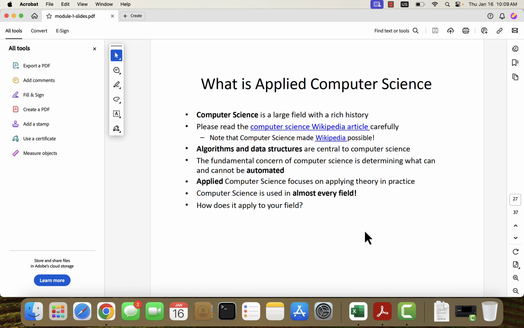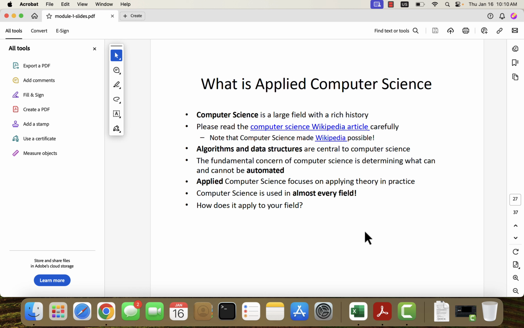So all those theories, concepts, algorithms, solutions that are created by computer scientists, the applied computer scientist is more focused on identifying what is available in order to solve a specific problem, right?